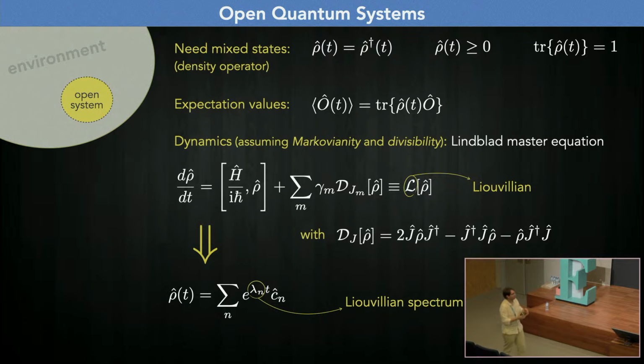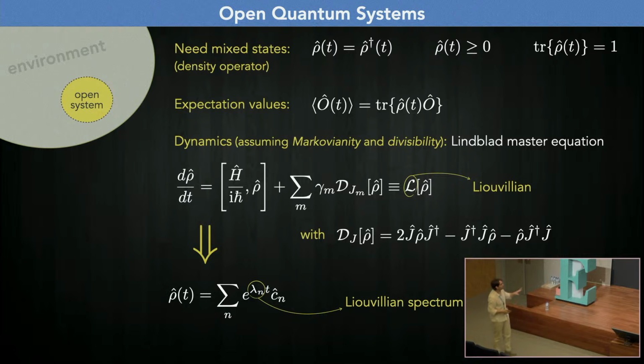So any open system is expected to reach some kind of asymptotic state, in principle independent of the initial state. It will just relax to some state. If you think about thermalization, it's exactly that. You have a system, you want to thermalize it at some temperature, you put an environment at that temperature, and then the environment drives the system into the thermal state.